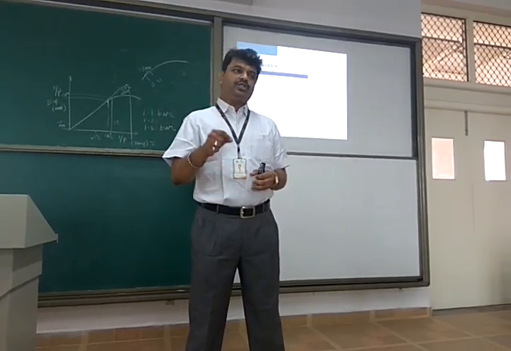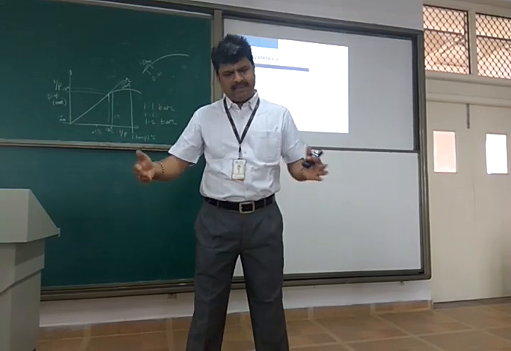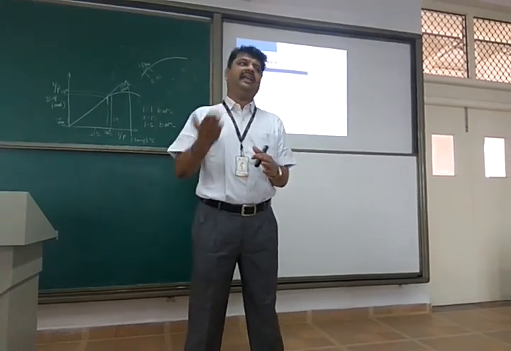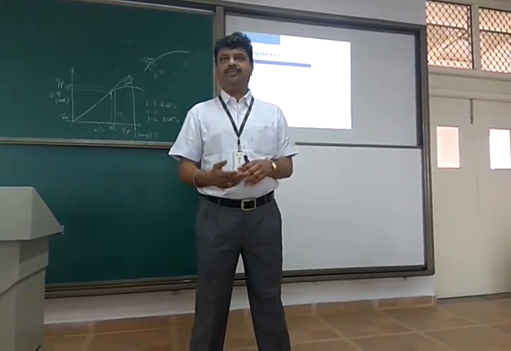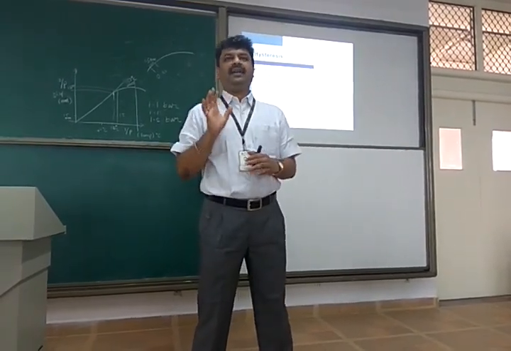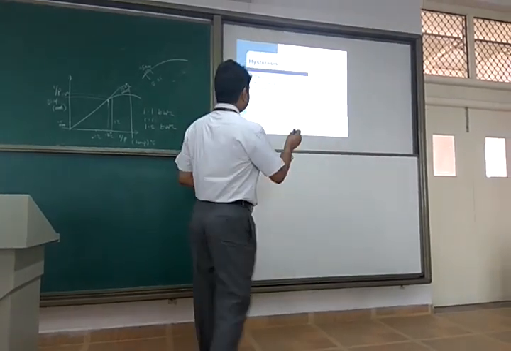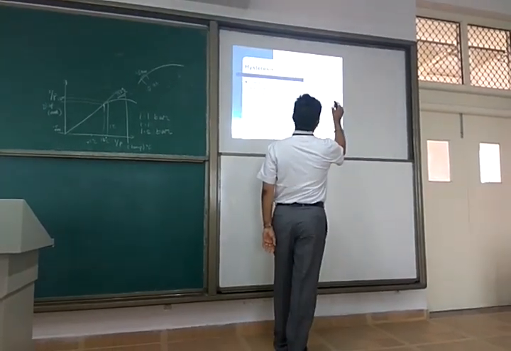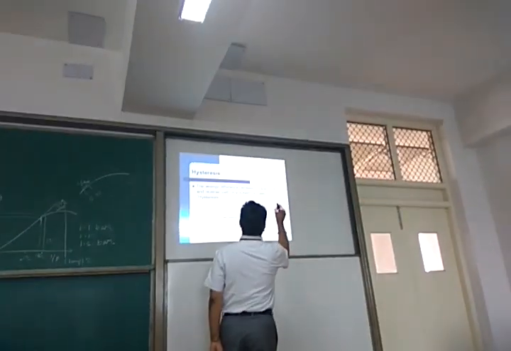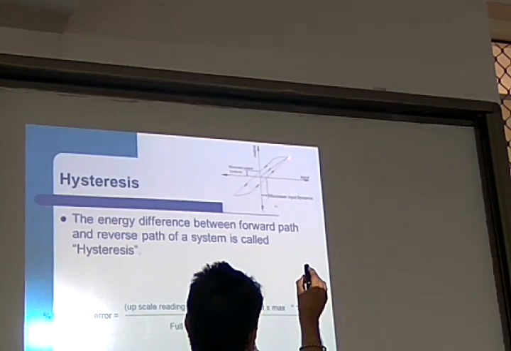I expect the instrument to show 0. Maybe after some time, maybe after half an hour or 1 hour, it may regain its position and show 0. But once I removed all the weights, immediately I expect the instrument to show 0, but it is not showing 0. This is the starting point. There is no deflection, but after that I start loading, I get 1 kilogram.